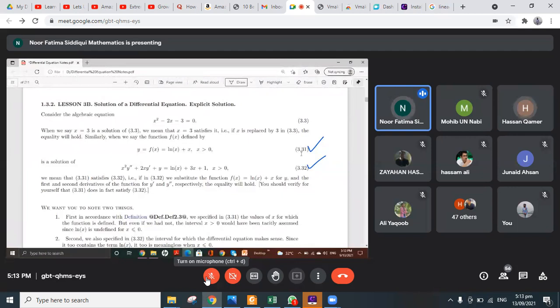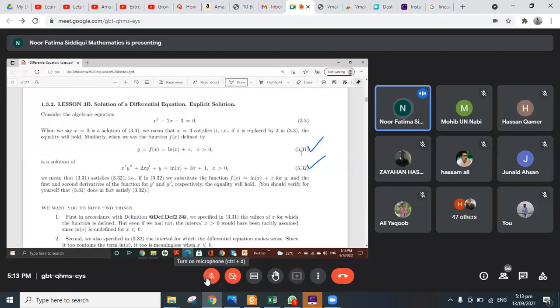Now simplify it. I made a mistake in the plus 1, that's why you got your mistake. Okay. So since substituting 3.31 in 3.32 it is satisfying, or the equation becomes identical, we say it is a solution to the given differential equation.